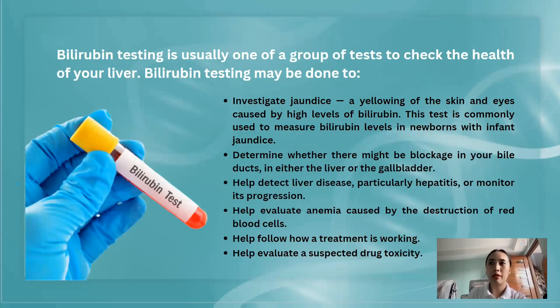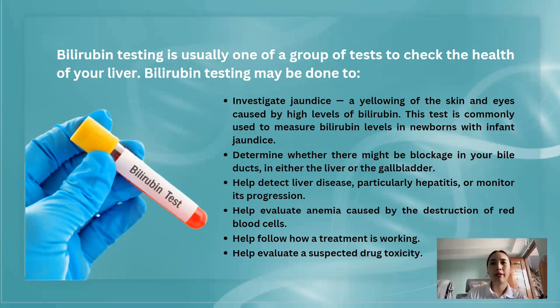Bilirubin testing may be done to investigate jaundice, a yellowing of the skin and eyes caused by high levels of bilirubin. The test is commonly used to measure bilirubin levels in newborns with infant jaundice. It can determine whether there might be a blockage in your bile ducts, in either the liver or the gallbladder.